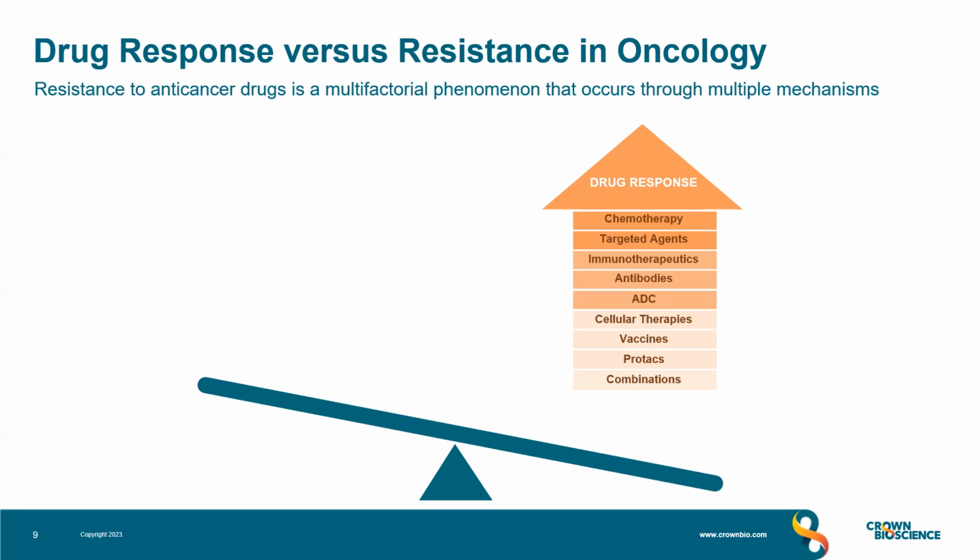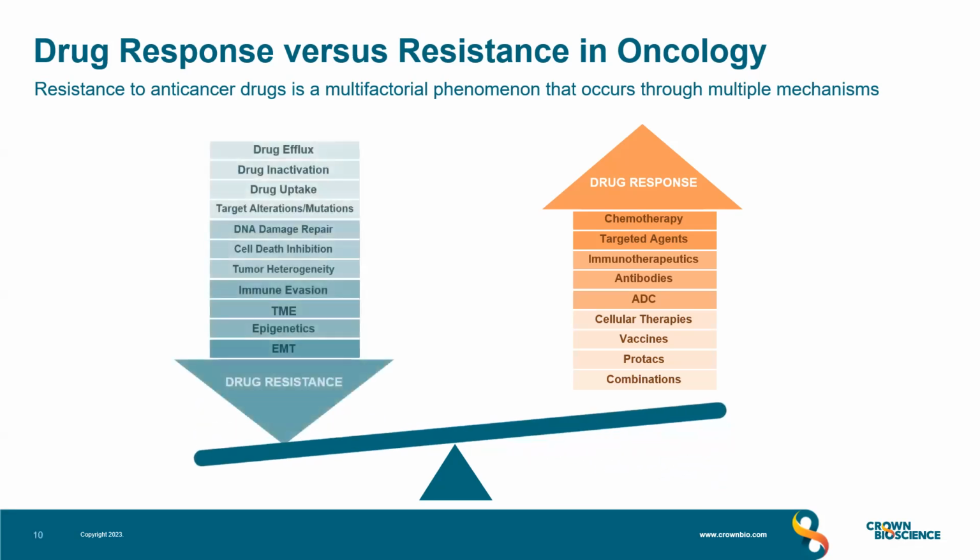So initially there was a very good response, and that is fantastic with the range of different drug development that's going on at the minute. But eventually resistance emerges, which tips the balance, causing tumor relapse and disease progression.